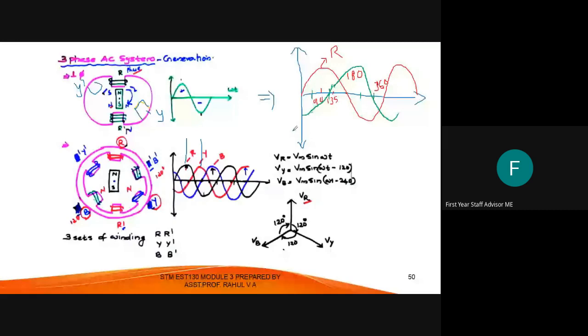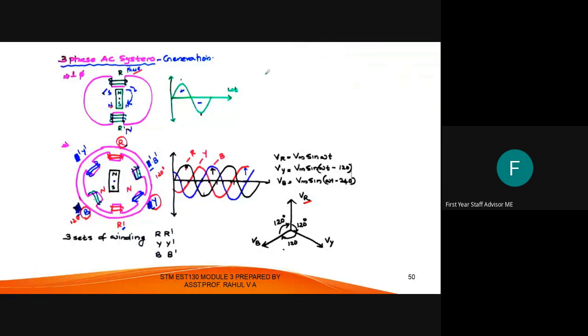Then it rotates, and after 120 degrees it comes closer to the Y winding, and the peak value of the Y winding happens at that point. So there is a difference between the waveforms of the R winding and the Y winding. The difference is that the voltage at the Y winding is lagging behind the R winding by an angle of 120 degrees.